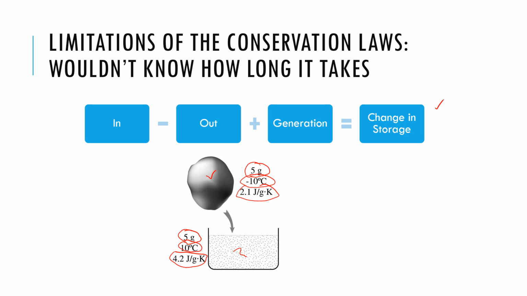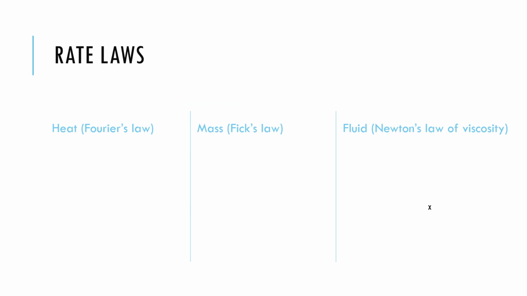And that rate, the time needed, is of course important from a practical standpoint. So that's the limitation of just the conservation law. We need something like a rate law, how fast things are happening. So here come the rate laws.